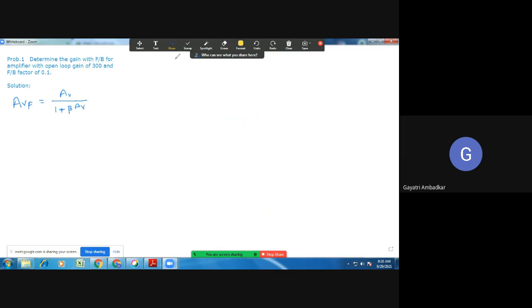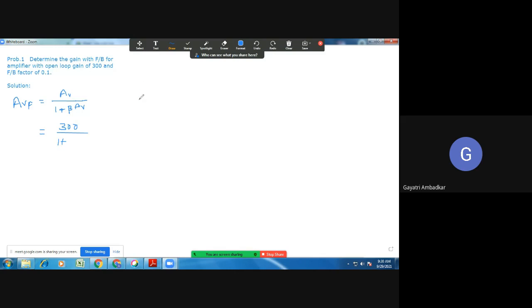What is it? It is given with open loop gain of 300. So this is 300 divided by, what next? 1 plus A beta. What is the value of beta? Can anybody tell me? Yes, unmute yourself. What is beta? 0.1. Beta is called the feedback factor or feedback gain.